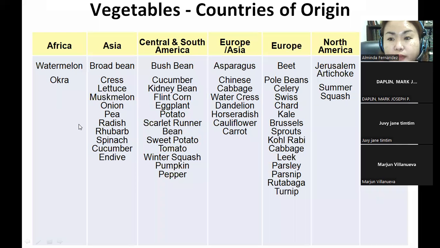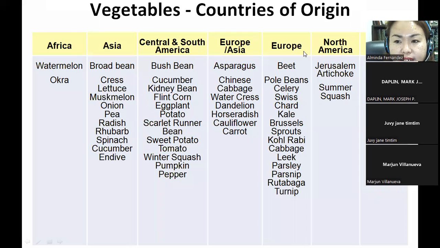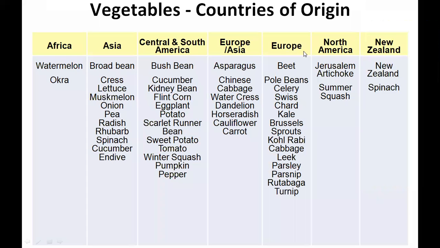So we might be thinking politically and geographically, where do these vegetables come from? Is it really all native? Of course not, no? Alam na natin yan na most of our crops have origins. So, like for example, but this is not definite, ha?